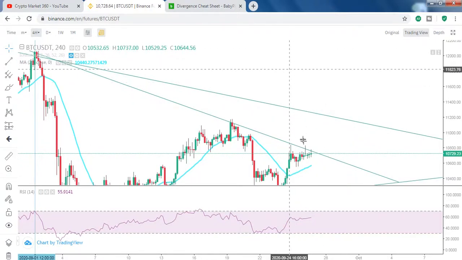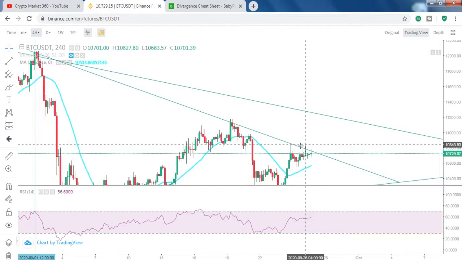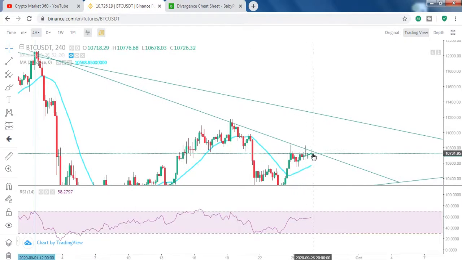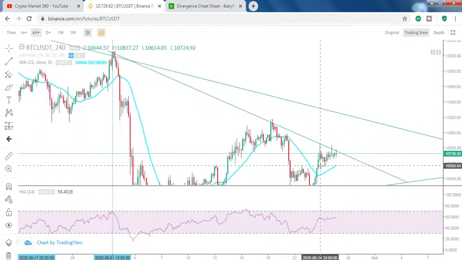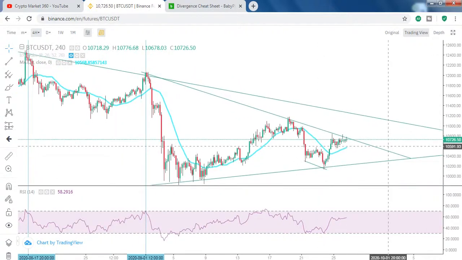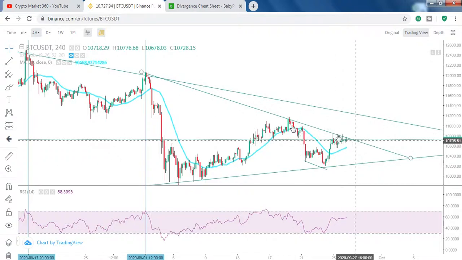When you find a resistance area, you can close the trade, like this area, 10,800. And as you can see, the price is trying to break this trend line, but it can't break this line yet.